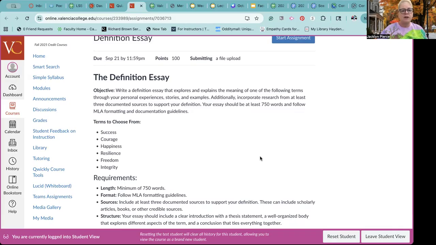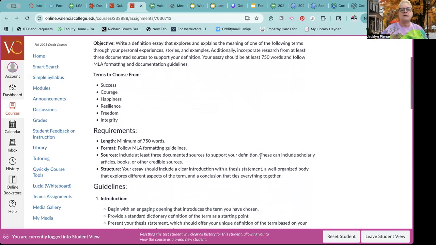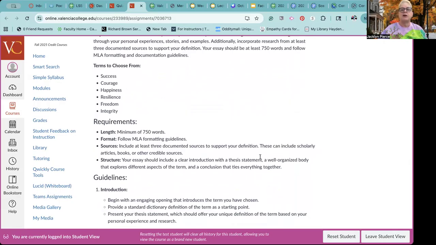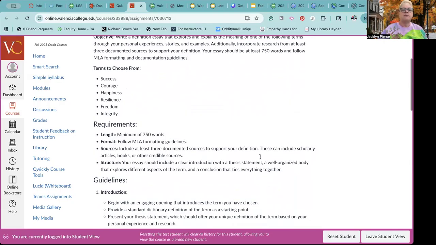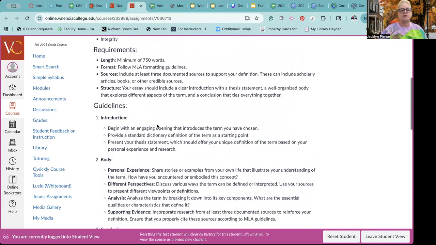You will have at least 3 documented sources to support the definition, and the essay, of course, is about the same length, 750 words, with MLA formatting and documentation. Success, courage, happiness, resilience, freedom, and integrity are the terms to choose from. You do need to choose one of those terms.